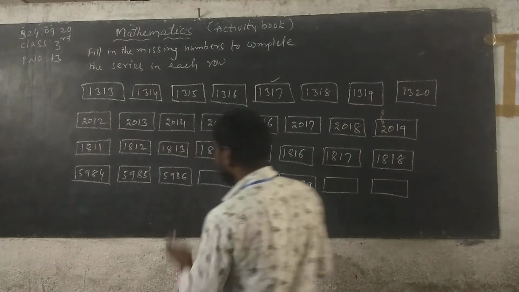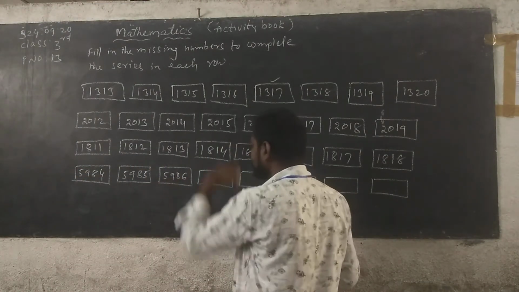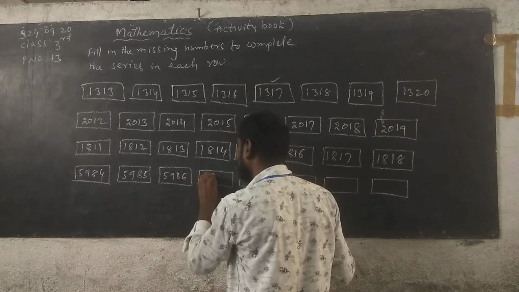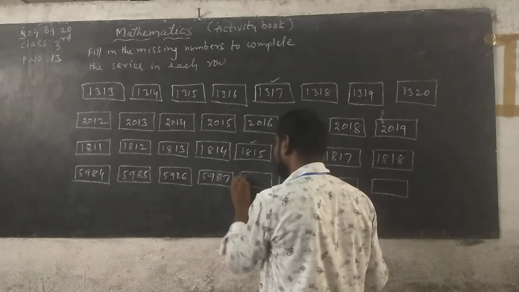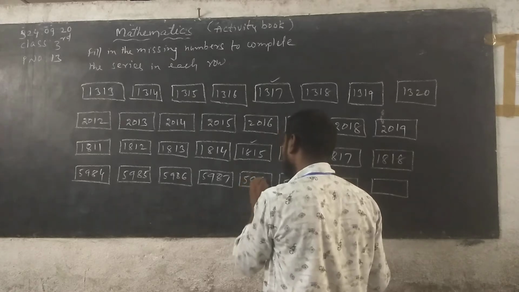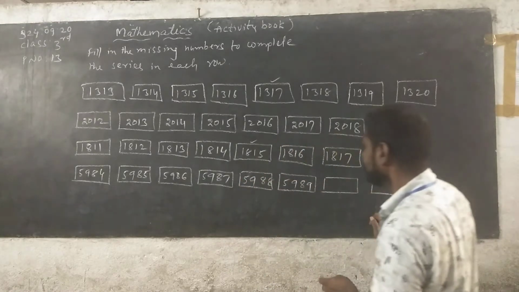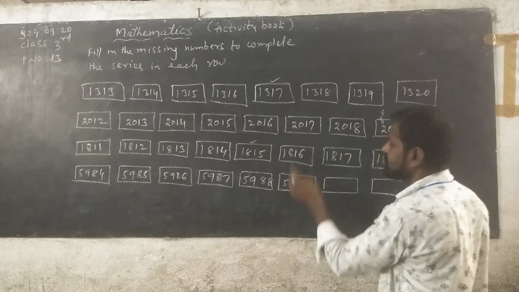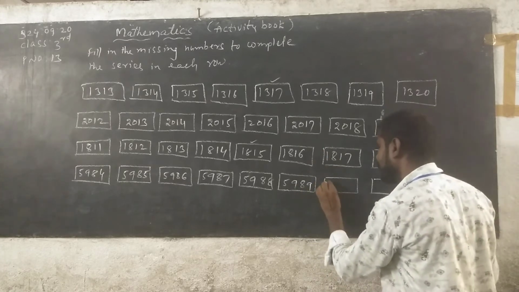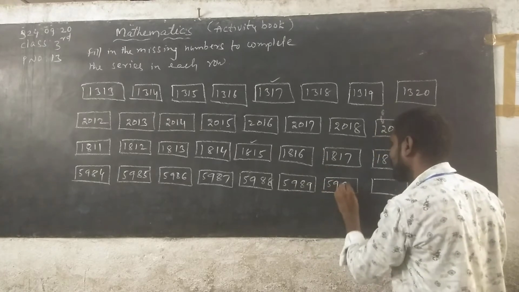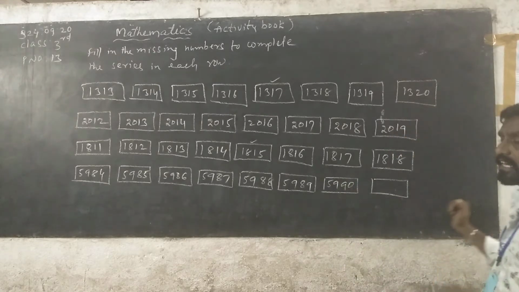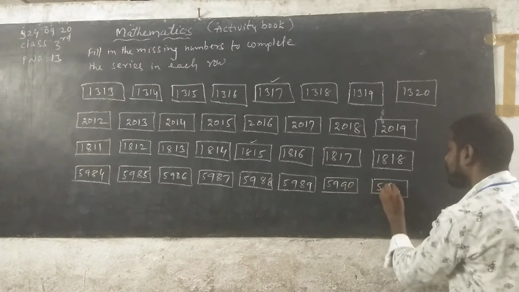So now next, 5986 after 5987, next 5988, next 5989 is given. Now next, 5989 after 5990, 5990 after 5991.